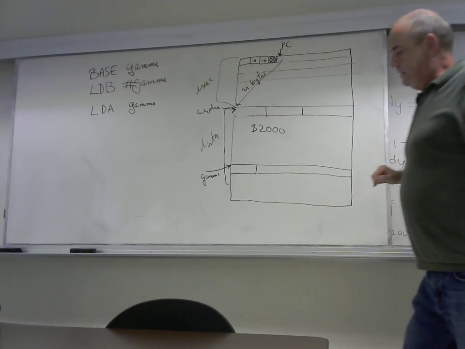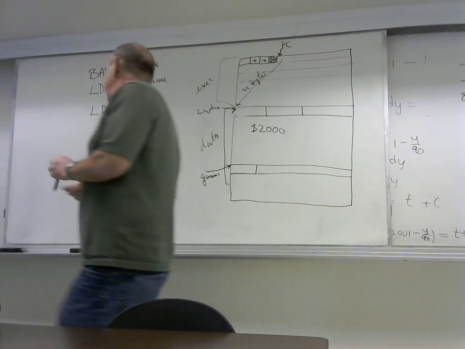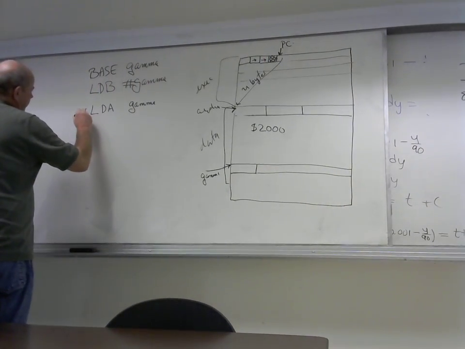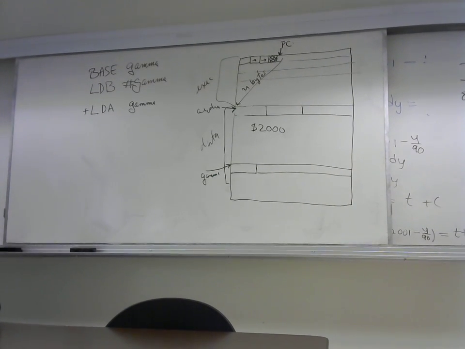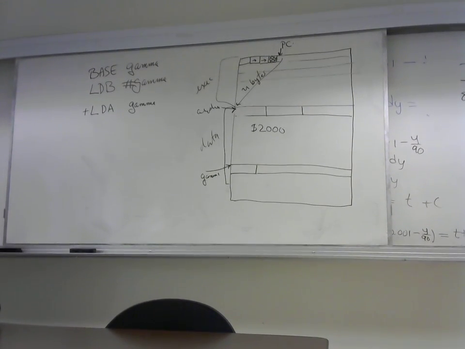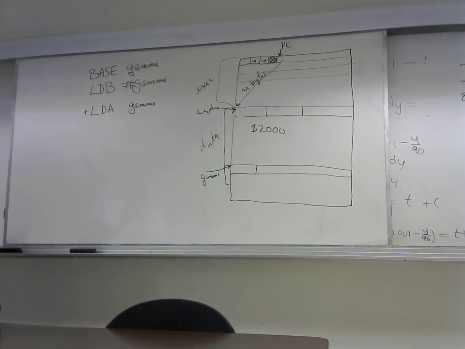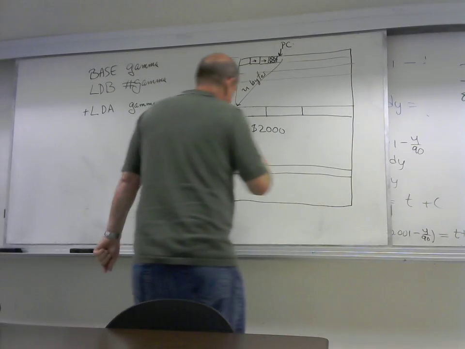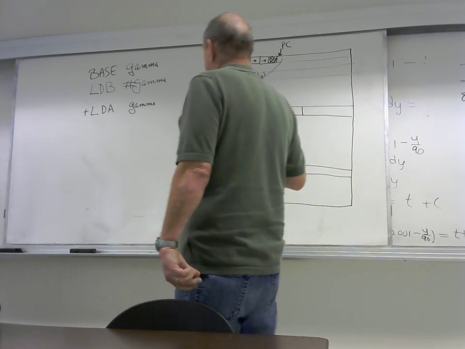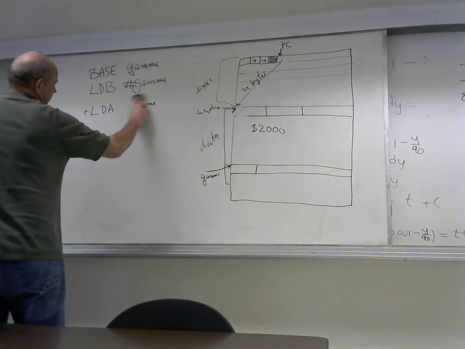So the only choices then are to use either format 4 or use base relative. So if we say base gamma, rather than trying to calculate, okay, so we use base gamma, do something different.